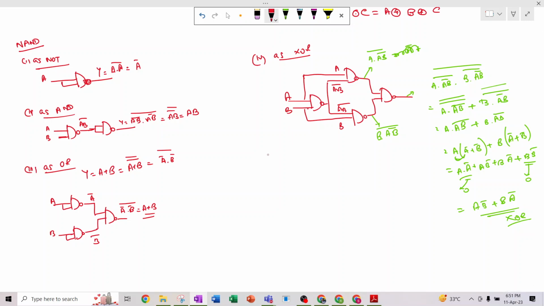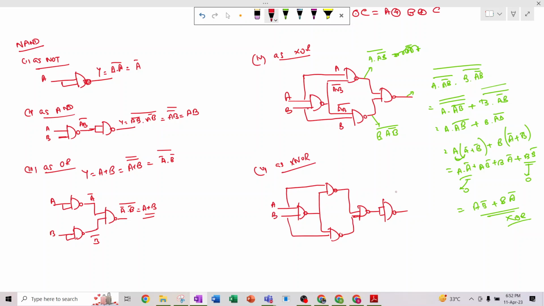Similarly, if we want to make an XNOR gate, it will be the same thing we formed at first, the XOR gate, and then it will form the XNOR gate.